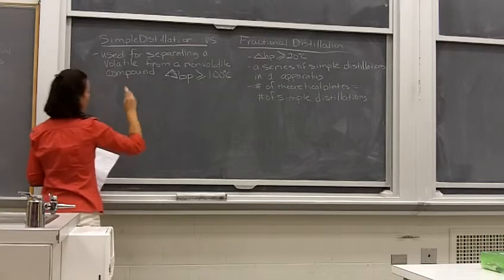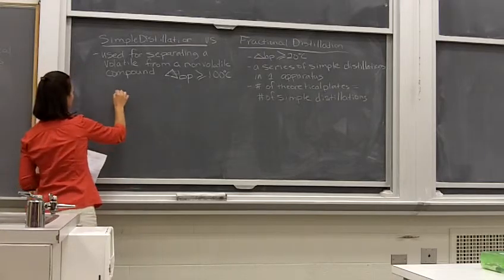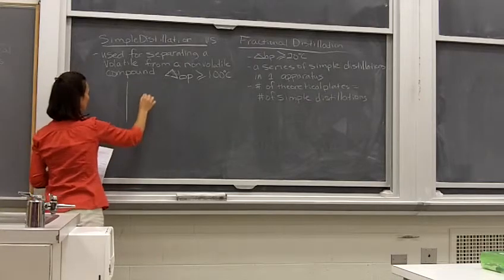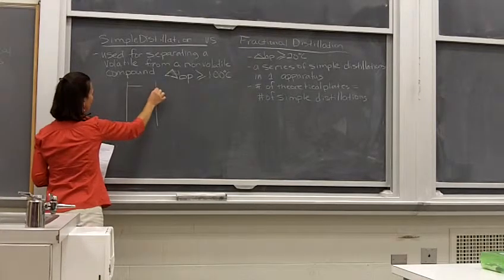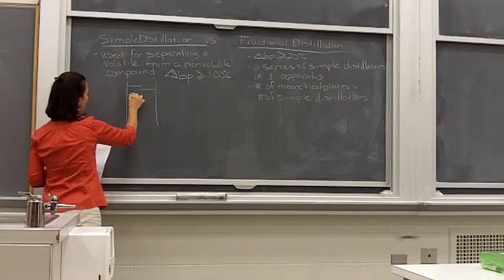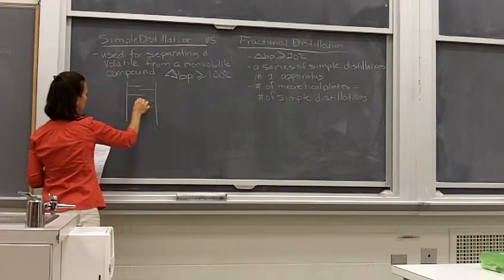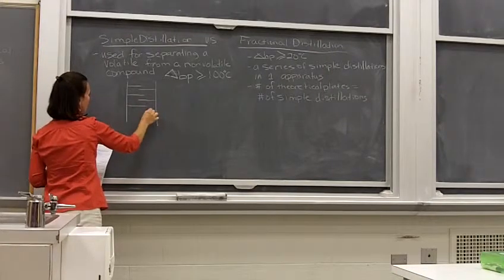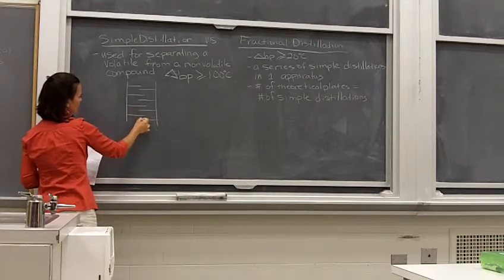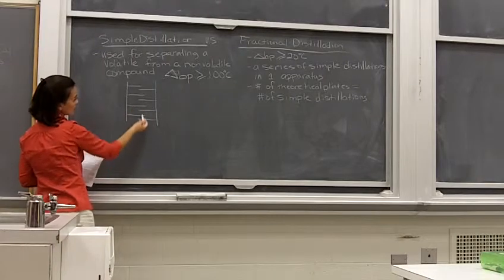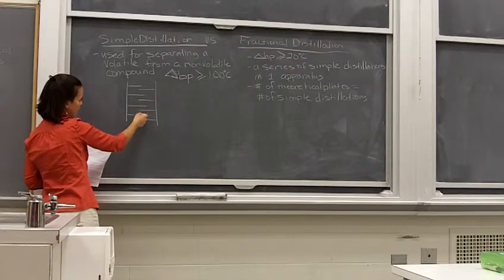So this idea of theoretical plates came from when they first were doing fractional distillation. What they would use is a column that would actually have plates in it. And so in this column, as you went to distill something, you would have all these mini simple distillations taking place.